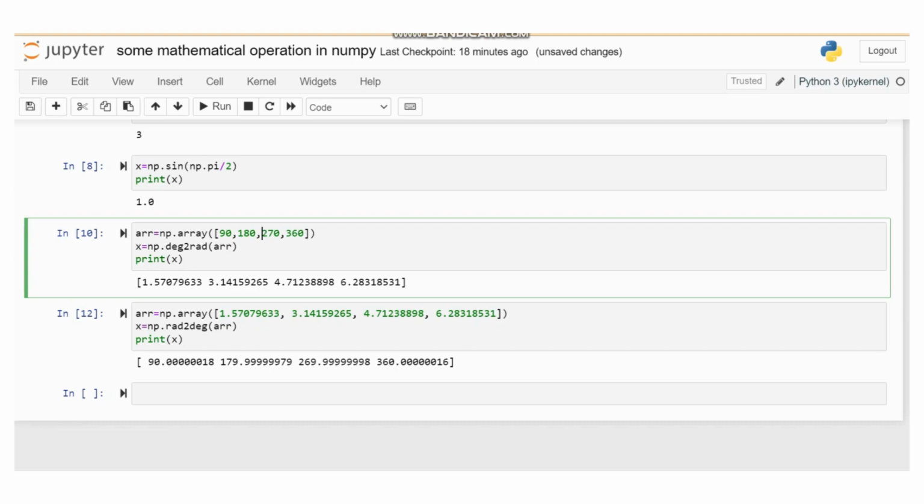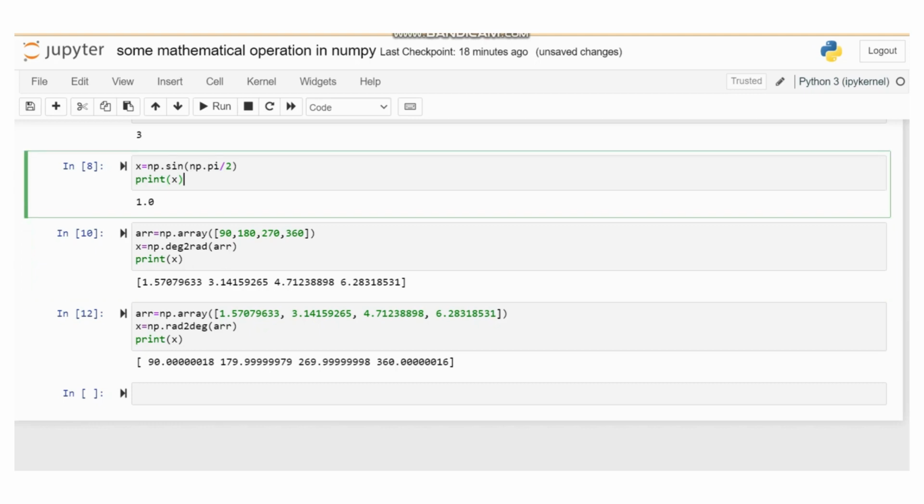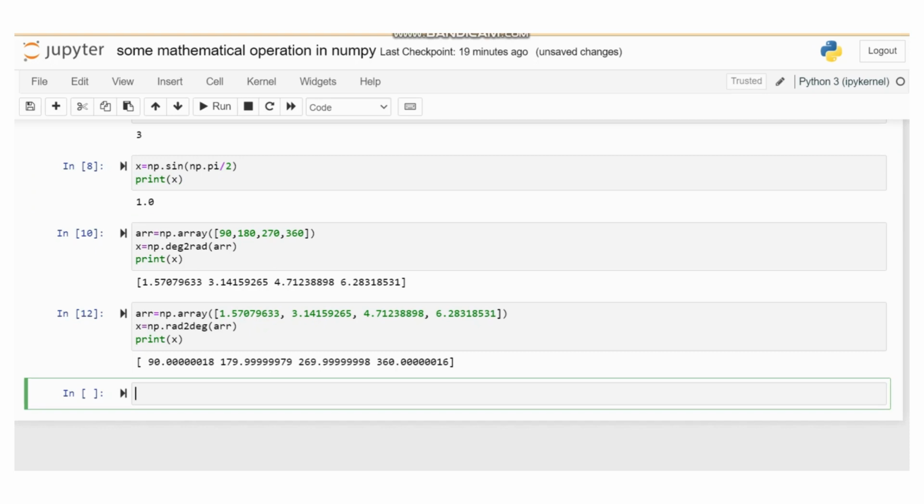And find the angle of sine. How to calculate the angle of sine? In the previous example, we calculated the value of sine 90 degrees, and now how to calculate the angle from it.